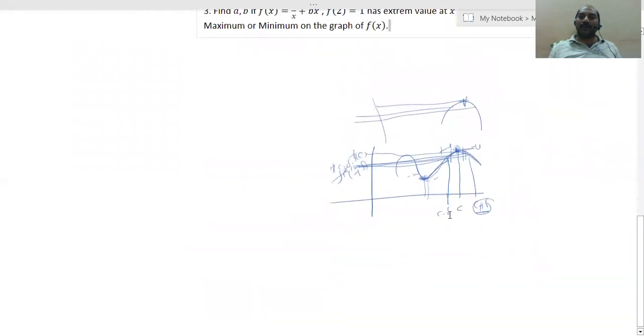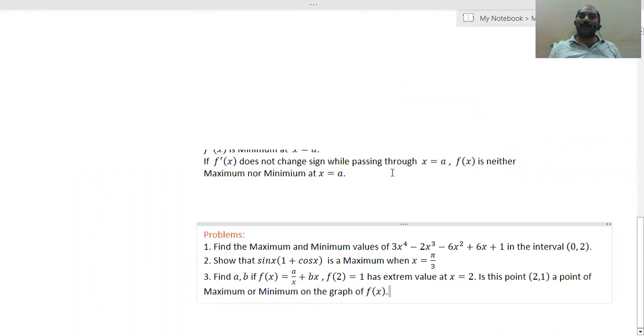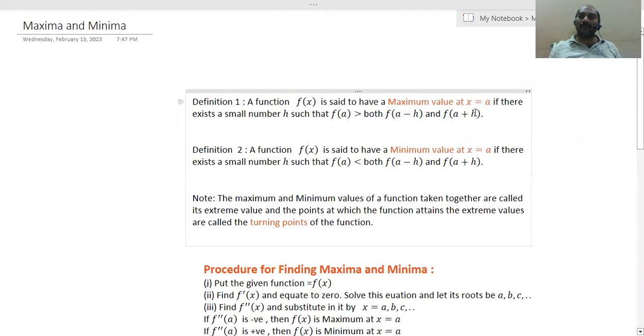In the previous example I took delta instead of h: C minus delta, C plus delta, the neighborhood of C. At these corresponding points the function has smaller image values, that means y values. f of a is greater than both f of a minus h and f of a plus h. That means f of a is maximum in the neighborhood. Therefore, at x equal to a, the function is said to have a maximum.